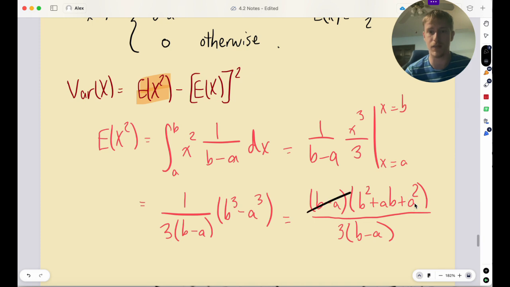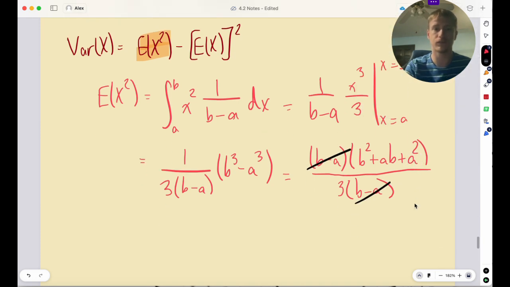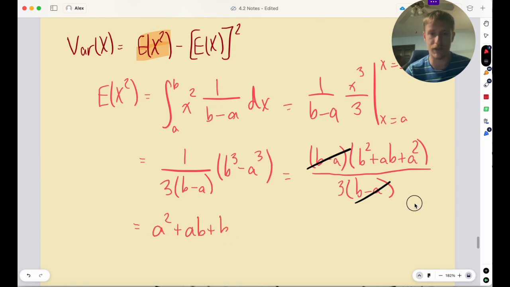Not surprisingly, the b minus a's cancel, and I'm left with, I'm going to write it like this, a squared plus ab plus b squared, all divided by 3.